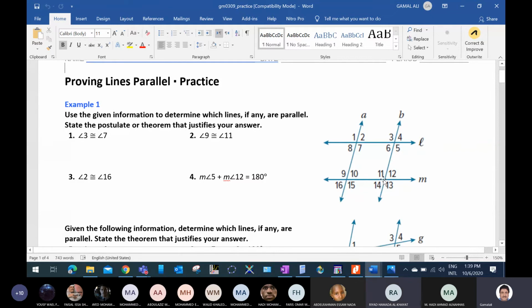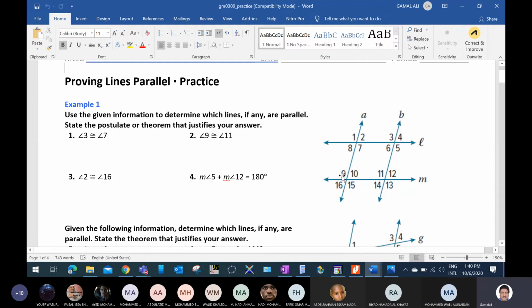Is it consecutive interior? No. 10 and 11 are consecutive interiors. 15 and 14 are consecutive interiors. 6 and 11 are consecutive interiors. 7 and 10, 7 and 6, all the interiors here. No, these are the corresponding angles.